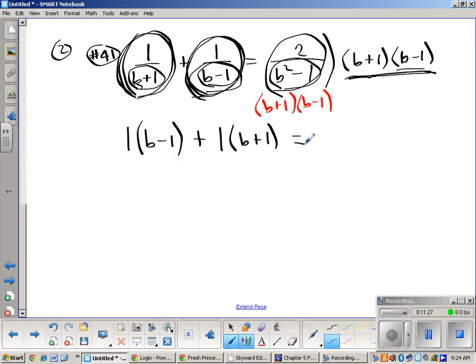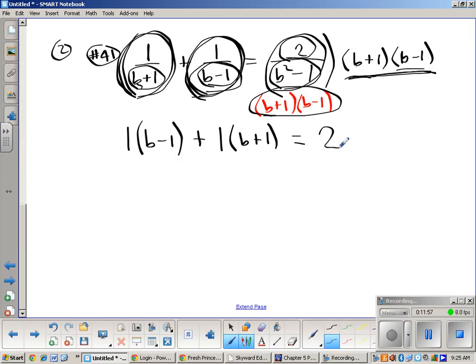Equals. What happens when I multiply this one by all of that? Yeah, it all cancels, doesn't it? Just leaving me with a 2. Let's just go ahead and do it all at the same pace.